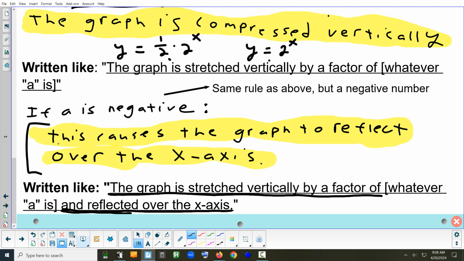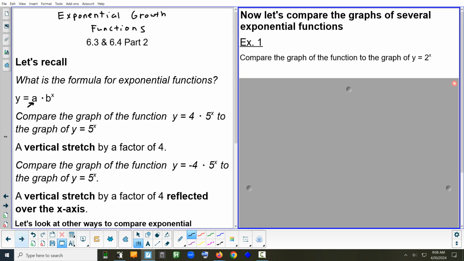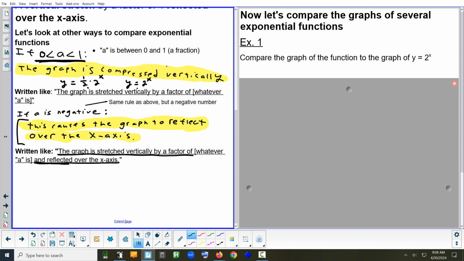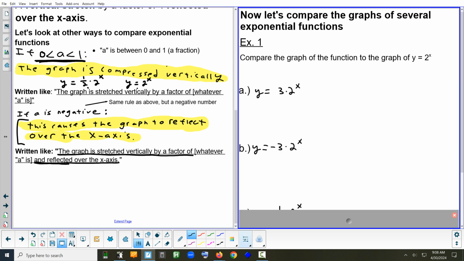Let me see if I can leave those up. Okay, so example 1 has 4 different equations that I'm going to have you try to compare. Okay, I'll leave that up. Those are the first 3.